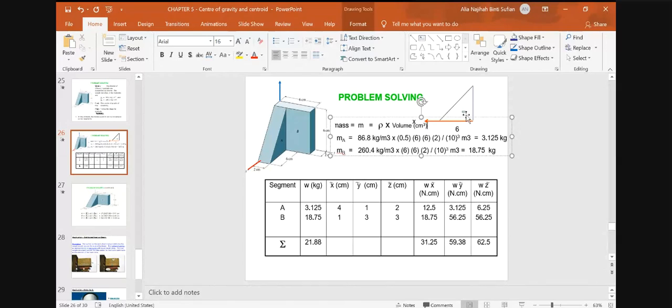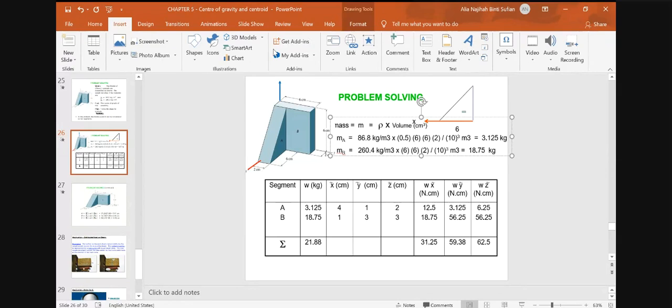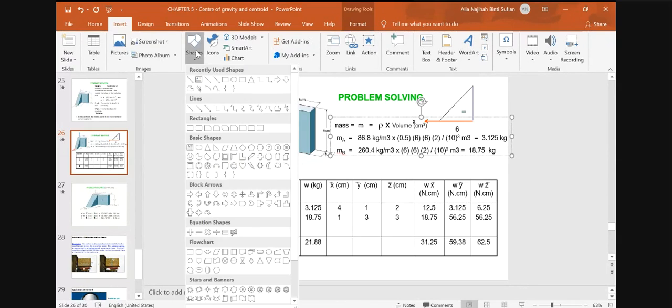So the centroid for the triangle is given as 1/3 of its base. 1/3 of its base is 6 divided by 3, which gives us 2.